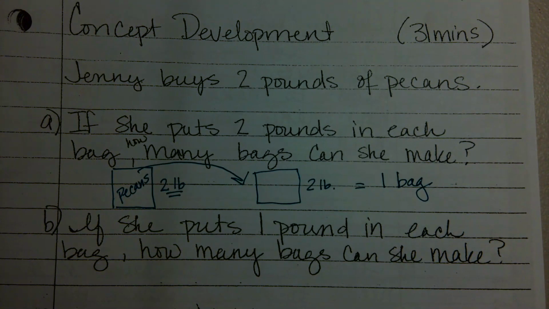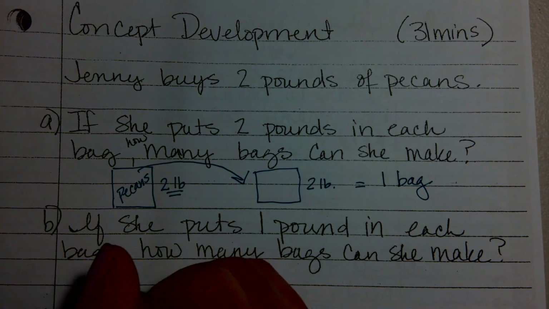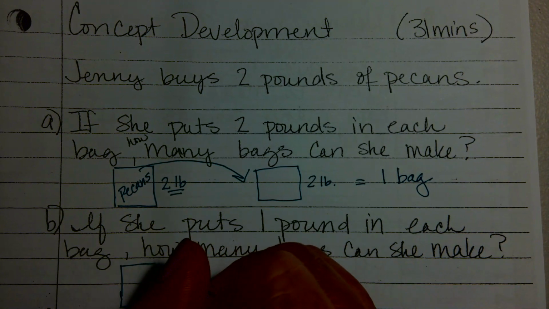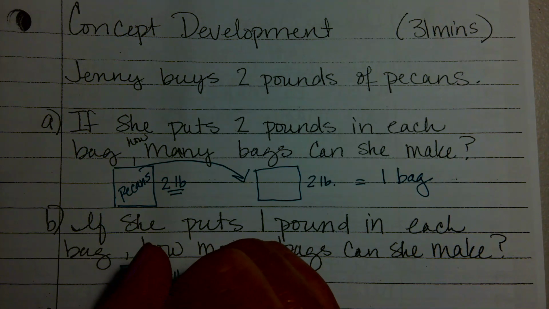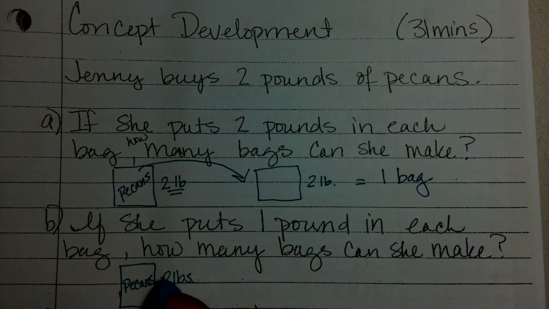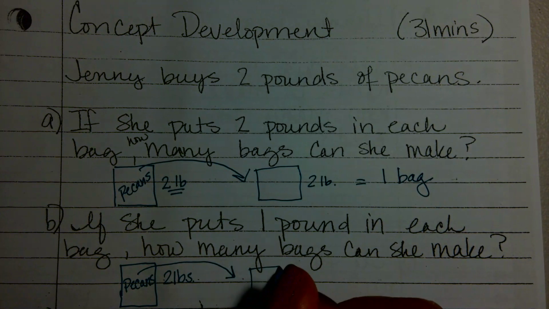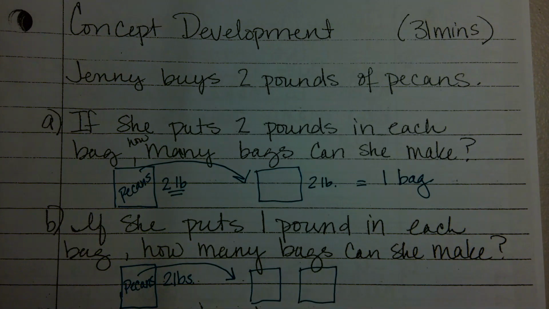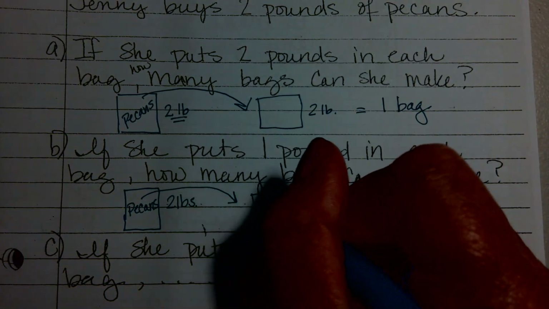Now, if she puts 1 pound in each bag, so here's that 2-pound bag of pecans. And now she wants to divide it up into 1-pound bags.